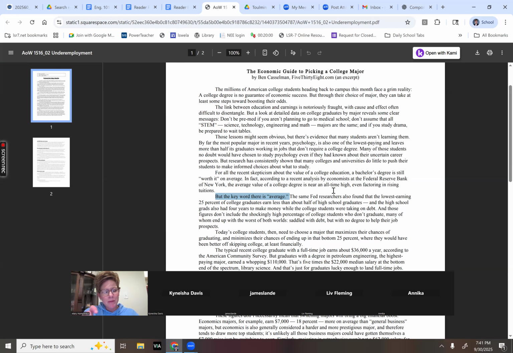That's the qualifier to make it a little bit smaller. Because if we just said, going to college, you're going to earn more money than anyone else, we all know that's not true, right? There are certain jobs that right out of high school you could get and make more money than some college graduates. And so by making the scope smaller, adding the word average, it's going to make that argument less likely to be argued against.